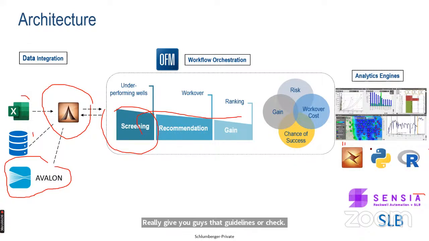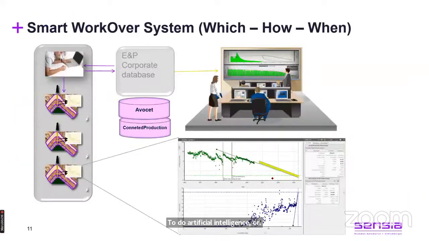And you can use, as I told you, Python scripts to do artificial intelligence or R, right? We have this already now with this release. Very good. So we will start now to find which well, when the well will die, and how can we treat this well, right? So you will do this for every well you have in your company.